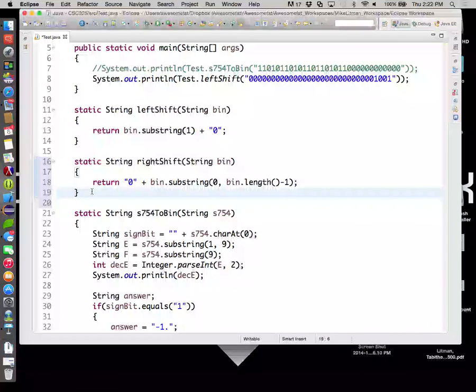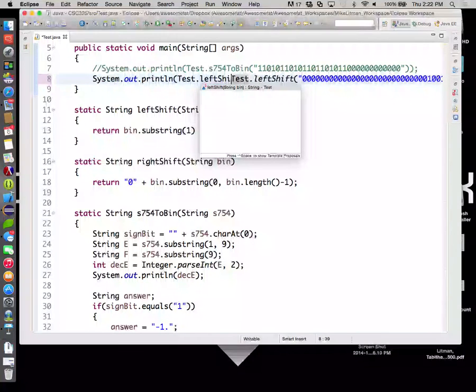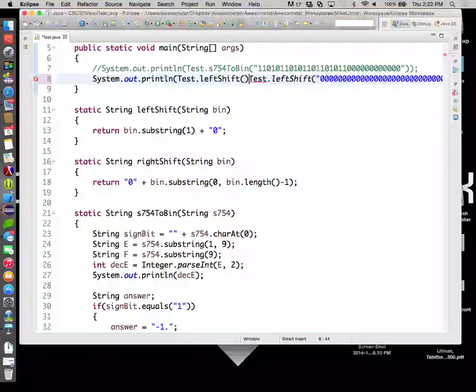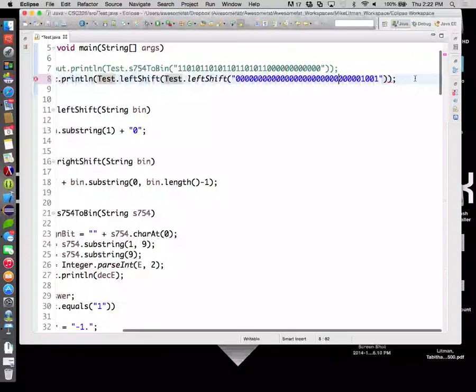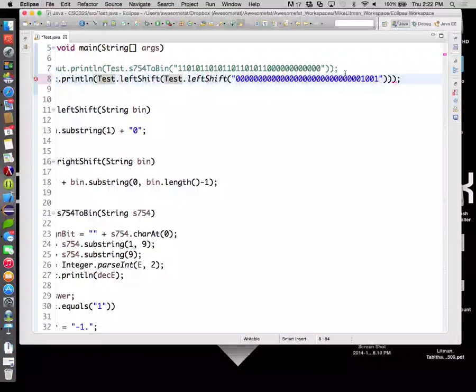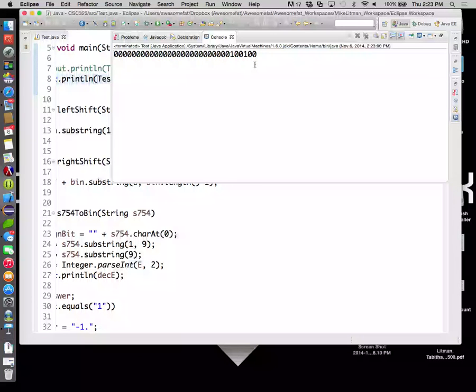Okay. So if we were shifting this guy left twice, we would say test.leftShift, and we get our left shift twice. Okay.